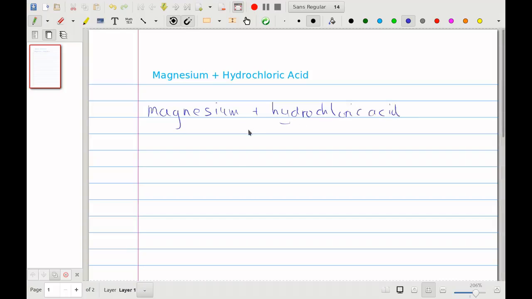And then we use an arrow to show that it gives. So it gives a salt, magnesium chloride, which you'll understand later. And what's important to us is it produces hydrogen gas.